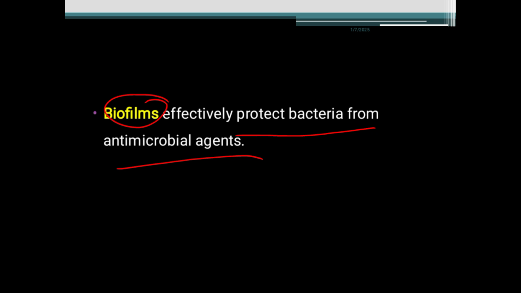You have to remove the plaque biofilm and deposits, because otherwise the antibiotic will not inhibit the growth of bacteria.